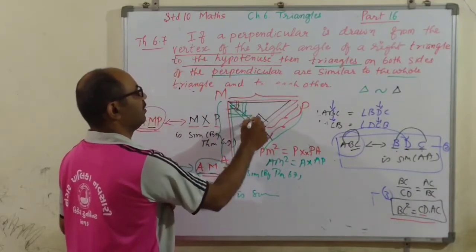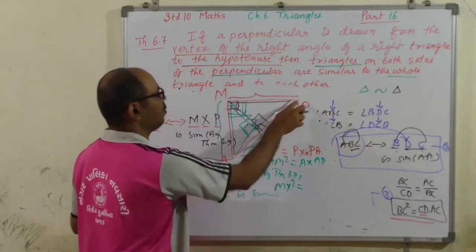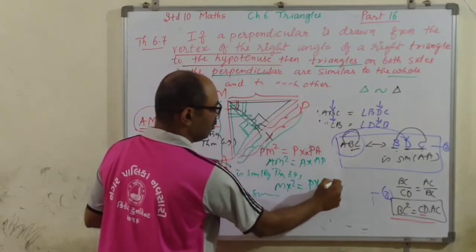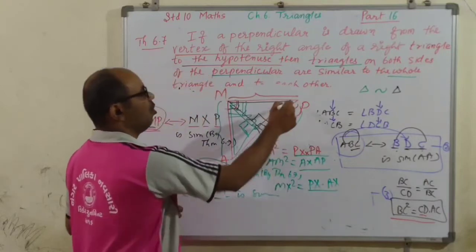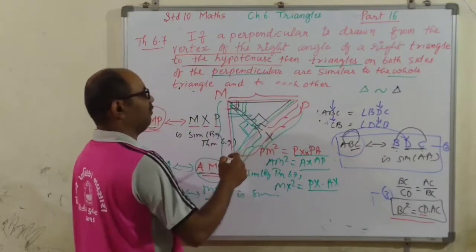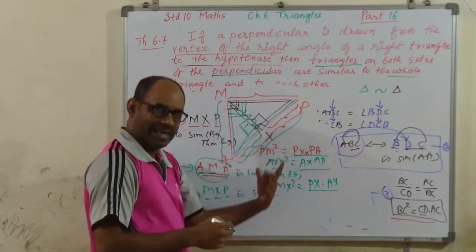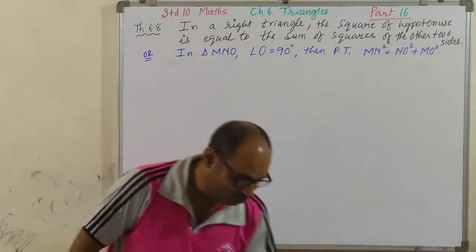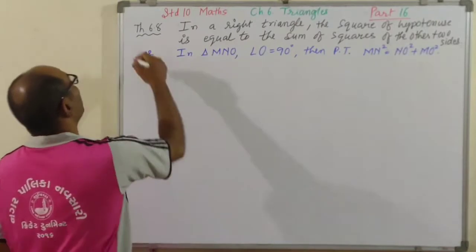And then the third result, MX square is equal to PX into AX. Children, on the right side, whatever is there, the two parts of hypotenuse and the hypotenuse are involved. Okay, fine. All right, now we are moving to a very important theorem, quite often asked in the board examination.